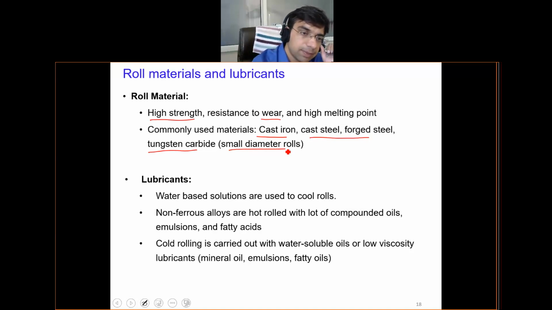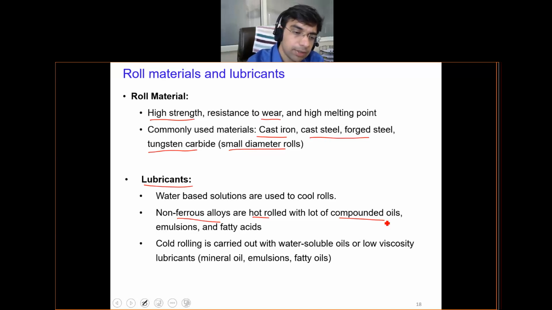The next important aspect of rolling is the lubricants. Lubricants play a very important role in maintaining the coefficient of friction between the roll surface and the workpiece surface. Different types of oils are used, as I mentioned earlier. Based on the material, for non-ferrous alloys that are hot rolled, compounded oils are used.